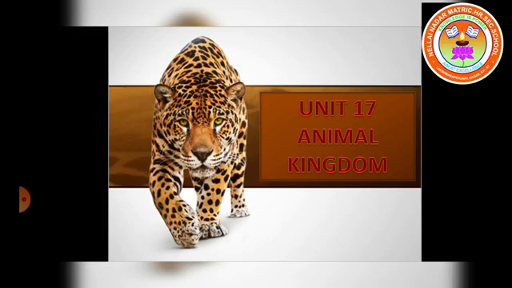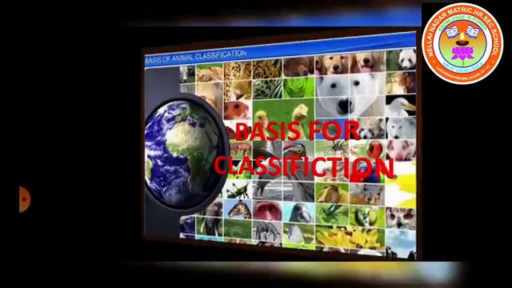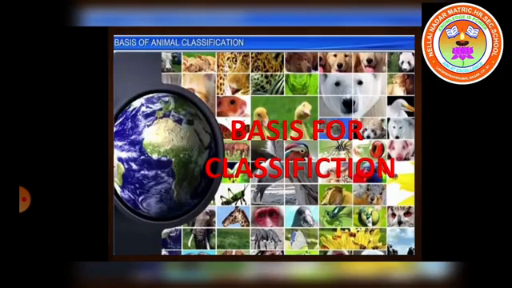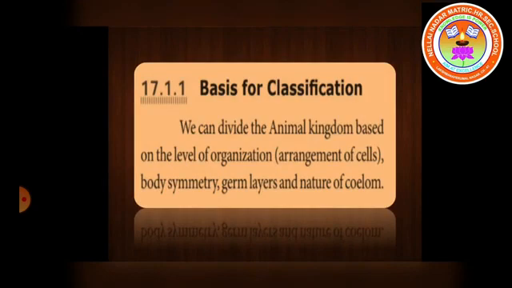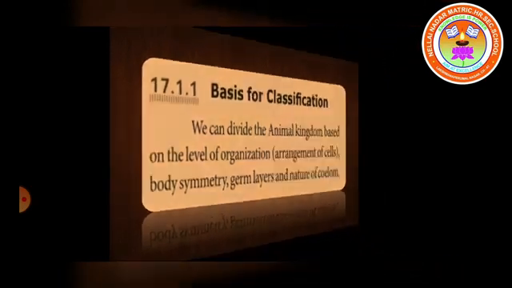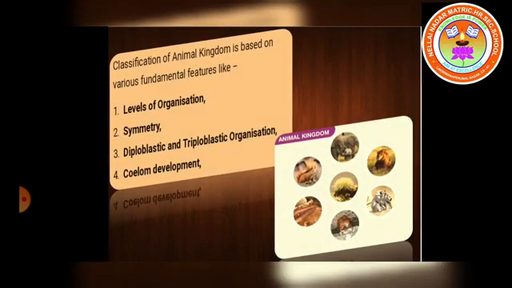Now, let us continue with the basis for classification. We can divide the animal kingdom based on different categories. Now, let us see about the different categories.